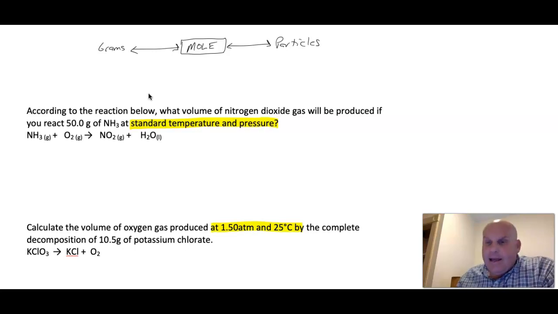I'm going to add a piece here to our mole map, which for gases, I can convert to volume or liters of gas using 22.4 liters. This is known as molar volume of a gas.